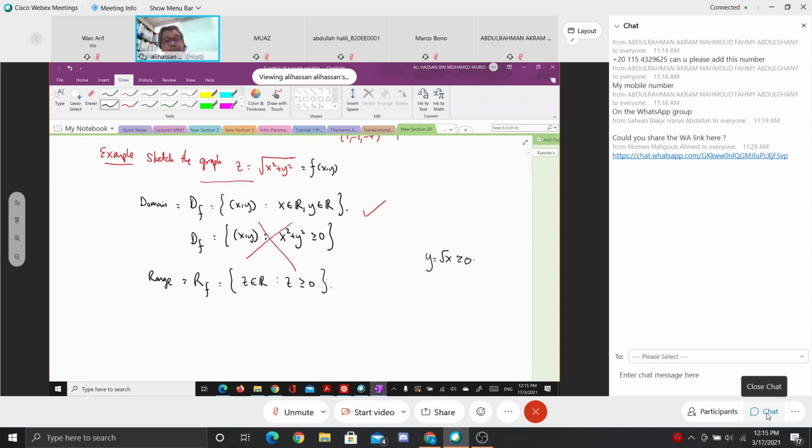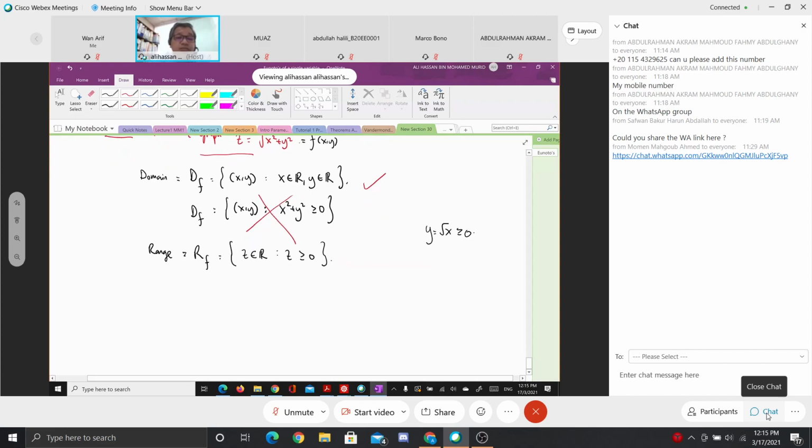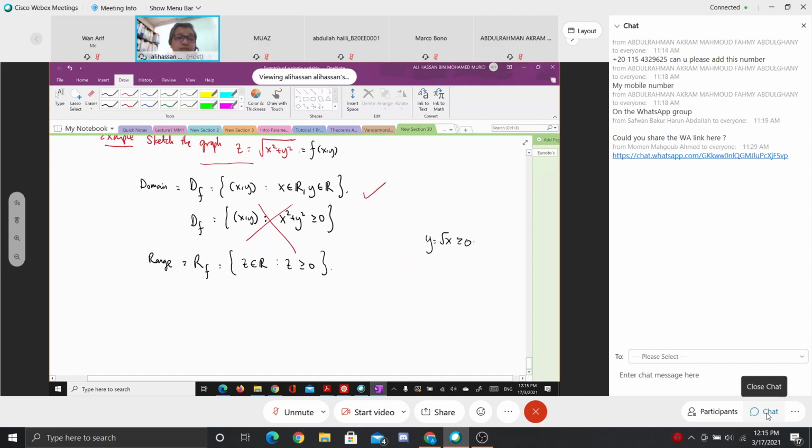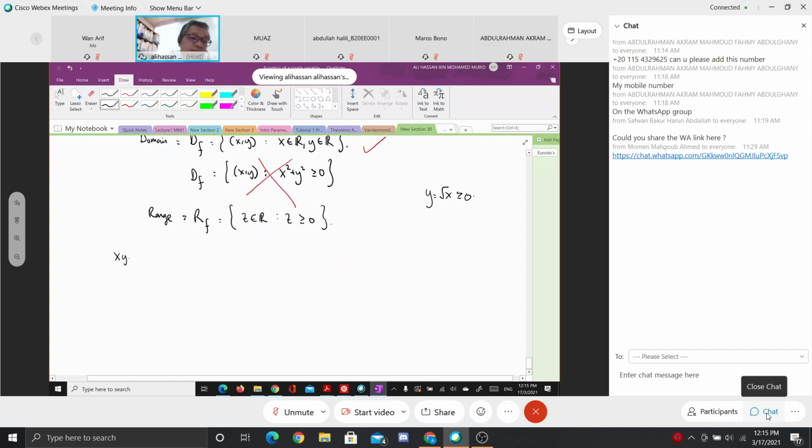Okay, what about the graph? Let's sketch a graph. Let's look at the three traces, the xy trace, meaning z equal to 0.